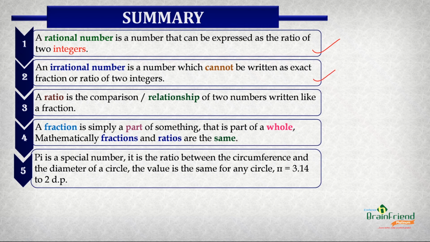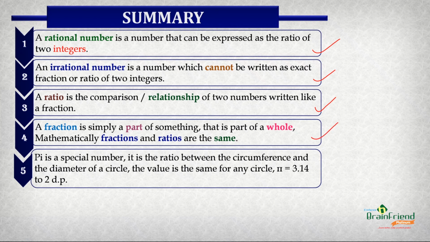Next, we learned that a ratio is the comparison or relationship of two numbers written like a fraction. Furthermore, we learned that a fraction is simply a part of something, that is, part of a whole. Mathematically, fractions and ratios are the same.